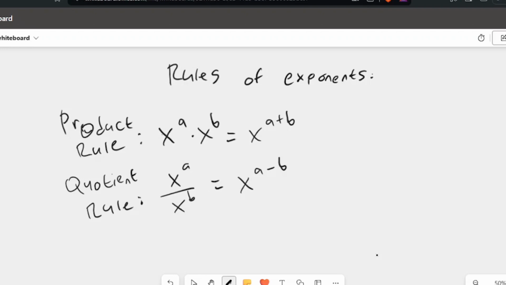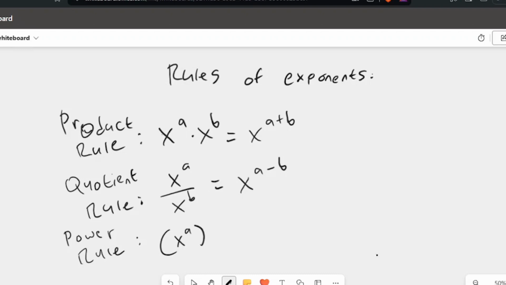Which, say we want to take a power to a power. So, I'll call it the power rule. In essence, say we have in brackets x to the a.